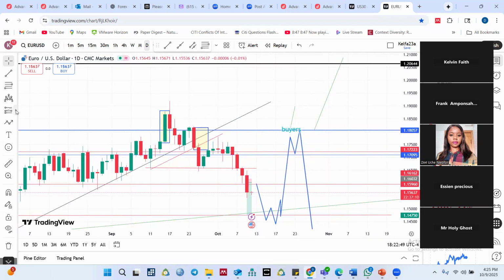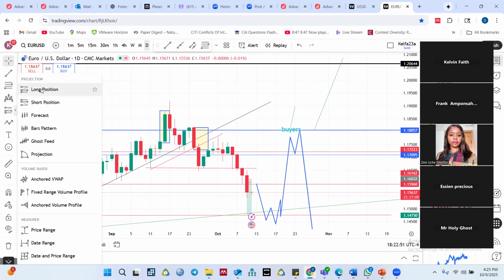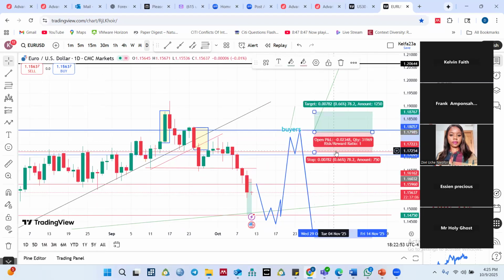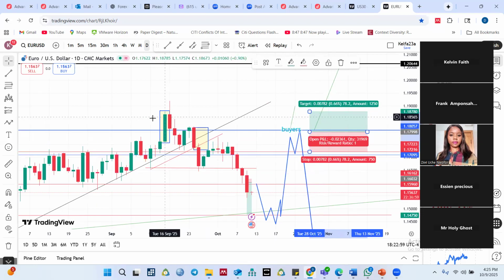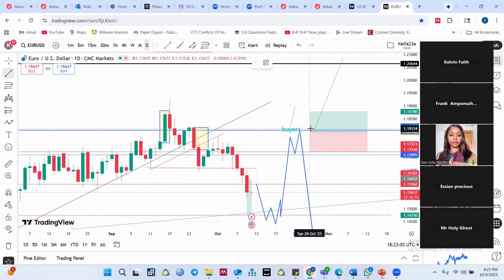So for me as a trader, I'm going to mark this thing down. When price starts going up, I'll be observing this area. If it gets here and I see a big bullish candle, I'll wait for it to close above, retest and rejections around it, and I'll take a buy from here.